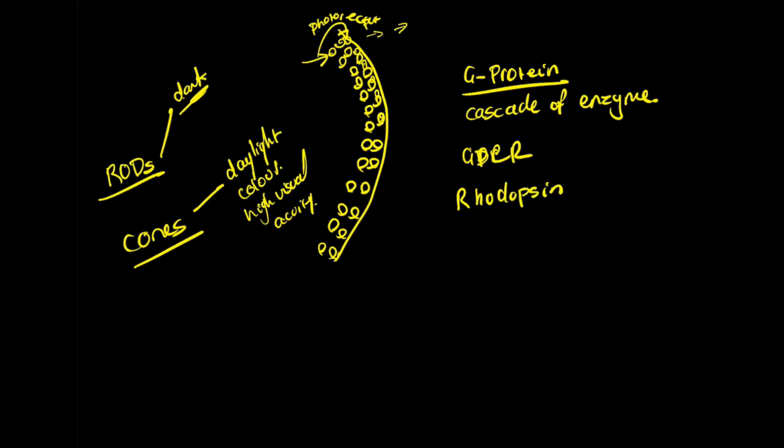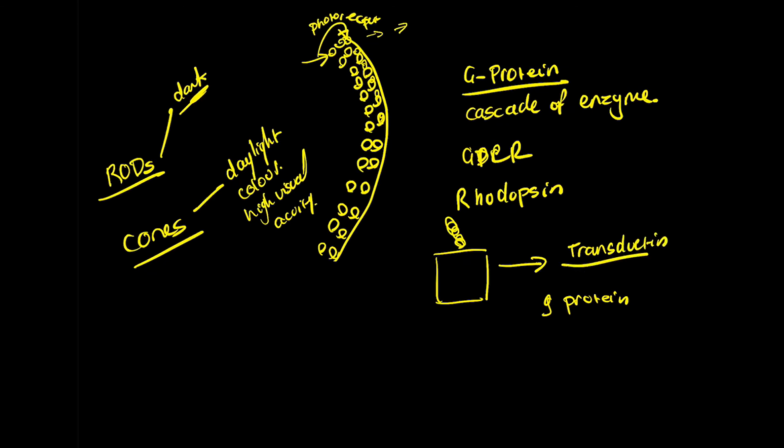Rhodopsin sits on the cell membrane of some of those different receptor cells, and then the rhodopsin activates the G protein, which is called transducin, a pretty good name if you're going to call something a G protein.